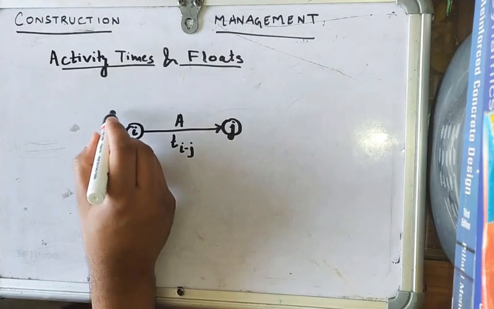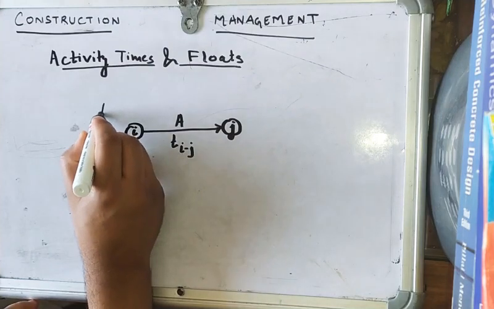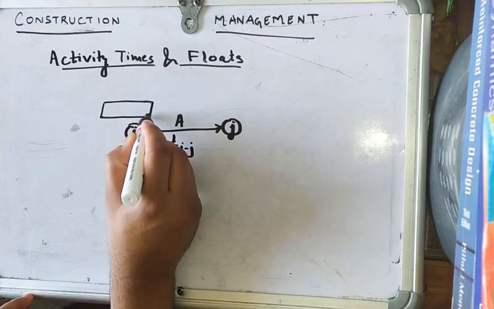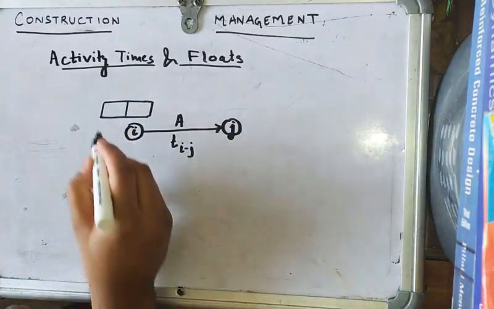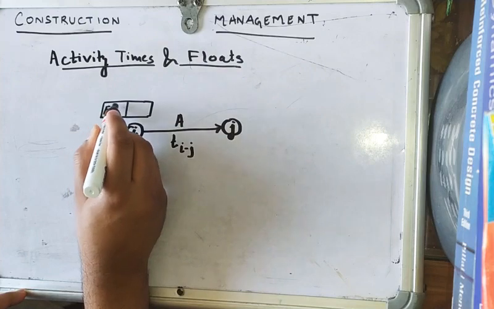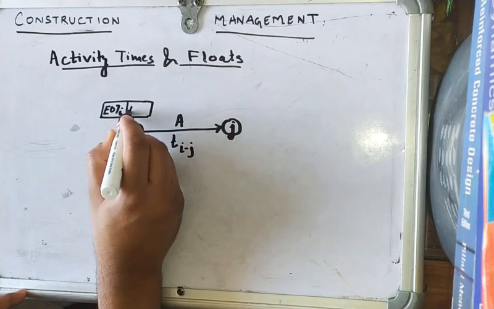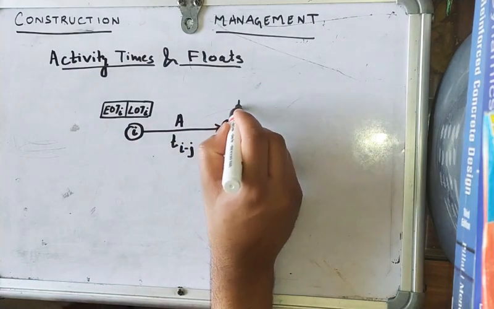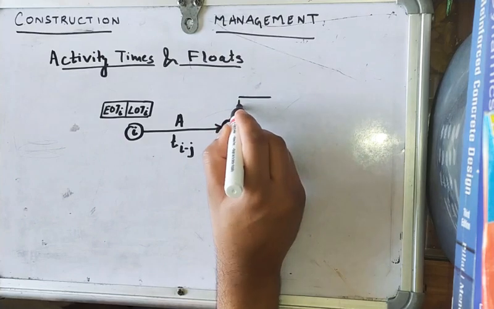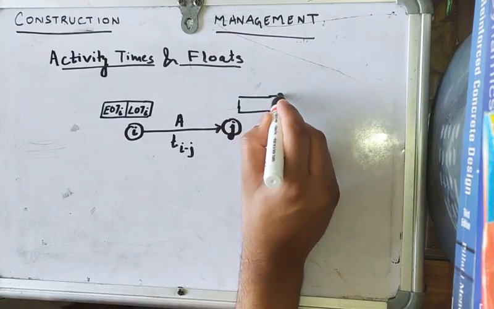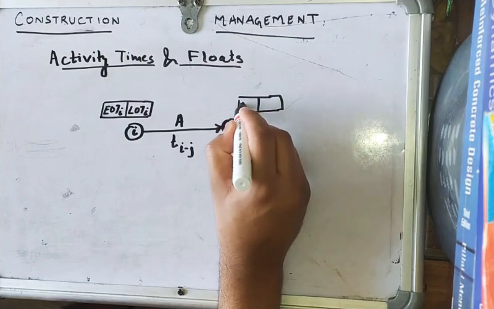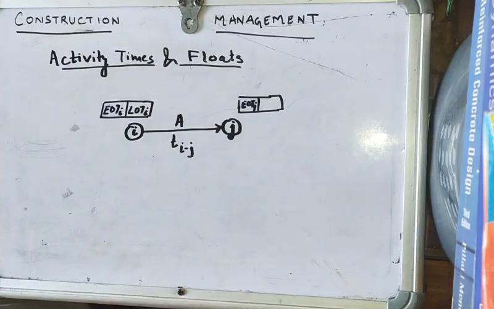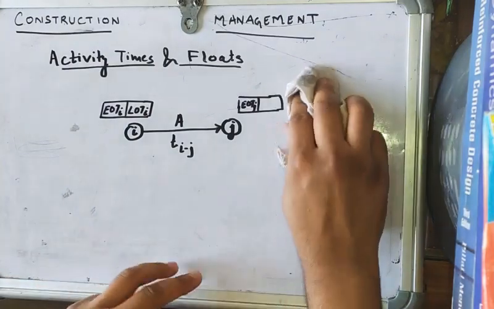For this event node i, we know that there will be two times, earliest occurrence time and latest occurrence time for this event. So we will call them EOT i and LOT i. For node j, similarly, we will have earliest occurrence time and latest occurrence time, which we can call EOT j and LOT j.